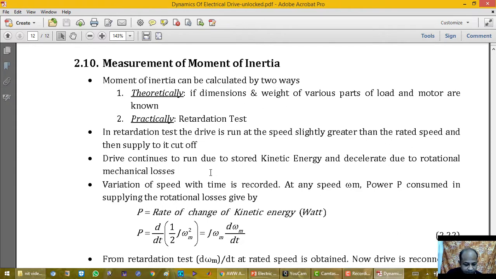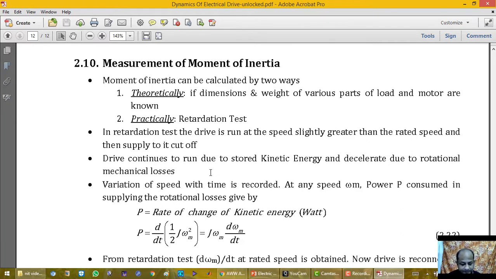Now what we do in case of the retardation test: we run the motor at a slightly higher speed than the rated speed, and then after some time we cut the supply. But due to inertia, that is the stored kinetic energy, the drive will continue to run, and then decelerate due to rotational mechanical losses.